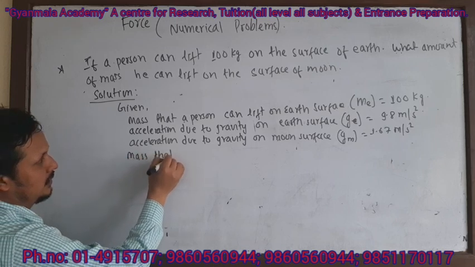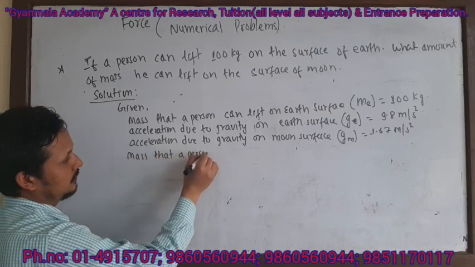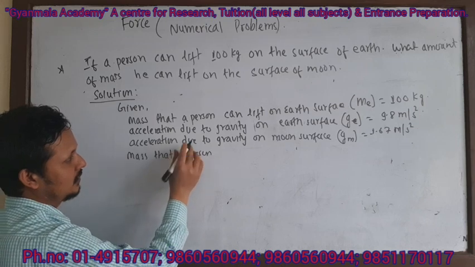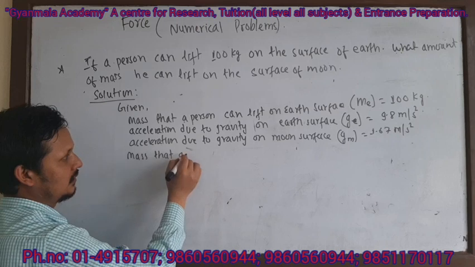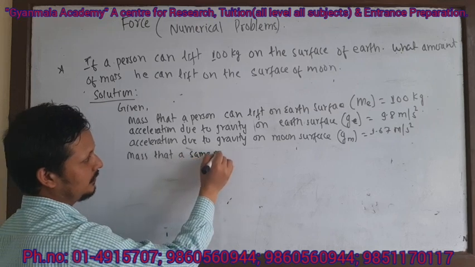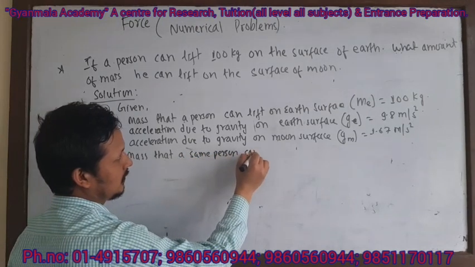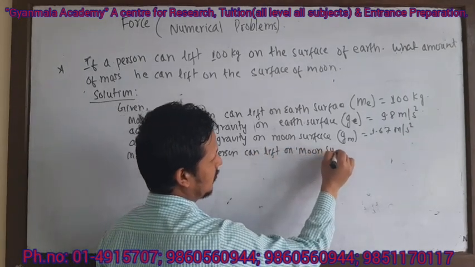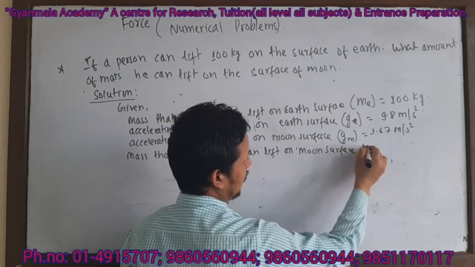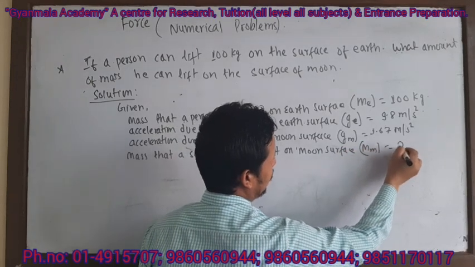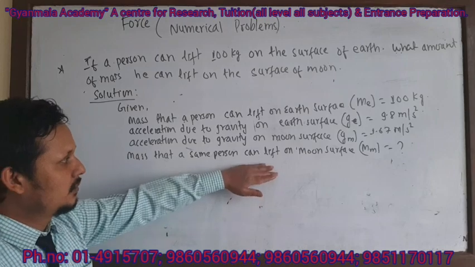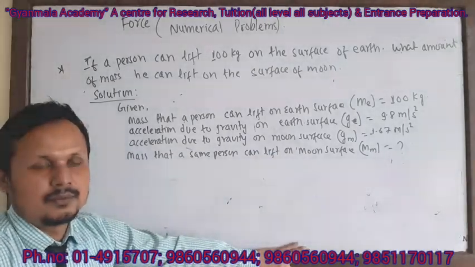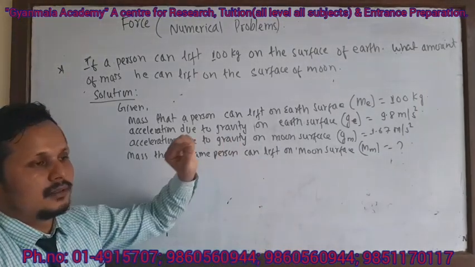Mass that the same person can lift on Moon surface equals to? Now, to solve this problem, we have to know one idea. We have to know one concept. What is the concept? Look at this.